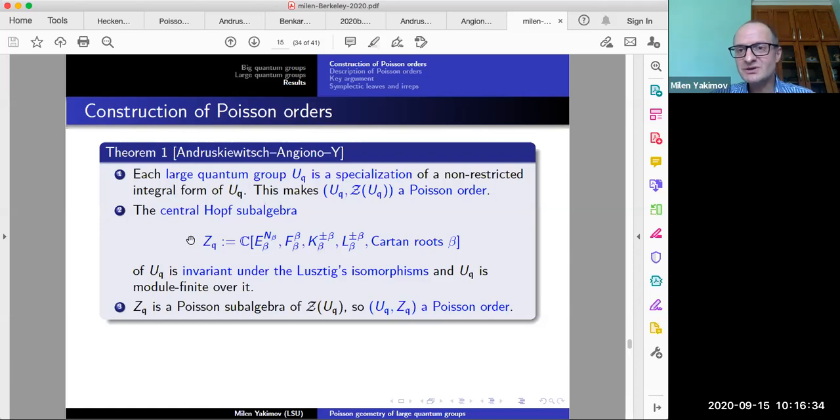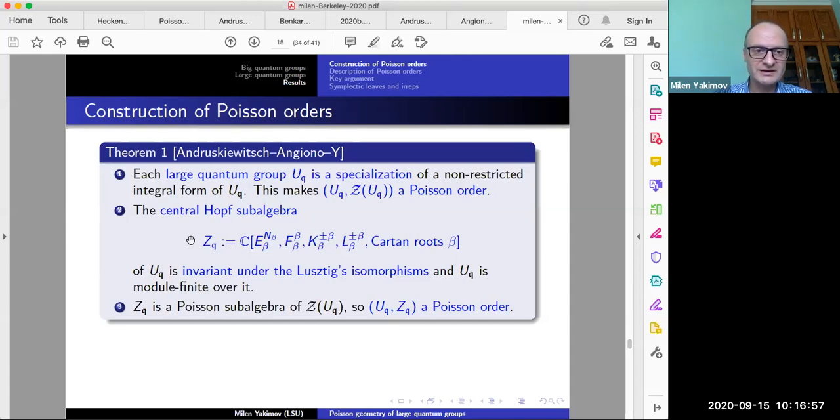So this subalgebra was previously defined by Angiono, and he proved that this subalgebra is inside the center, and it's a Hopf subalgebra of the center. The second part of the theorem is that it is actually invariant under the Lusztig isomorphisms, and U_Q is module finite over it.